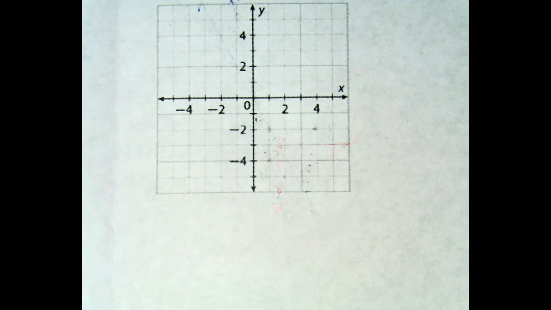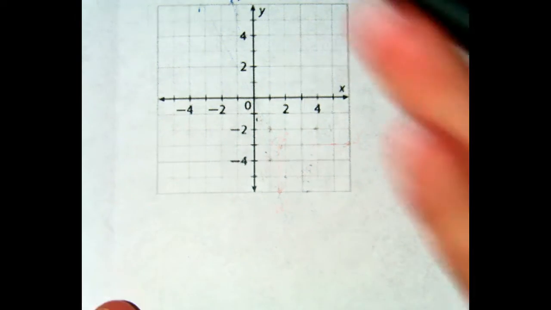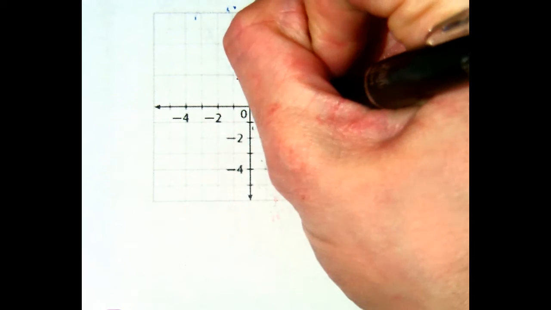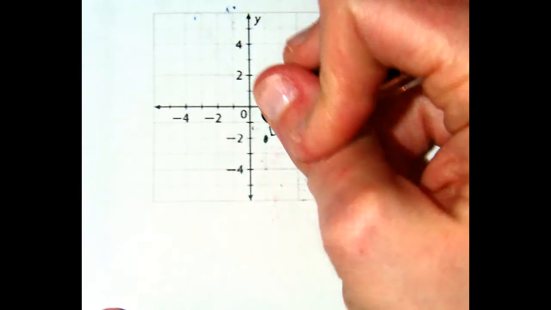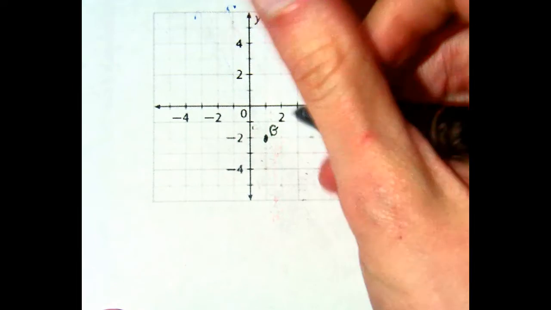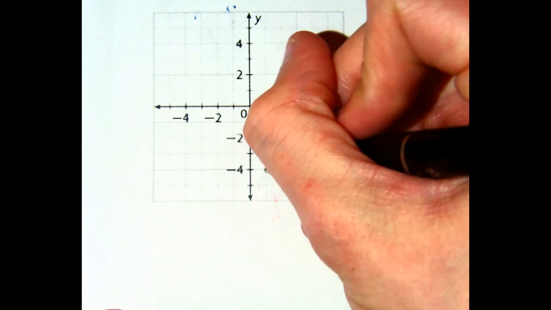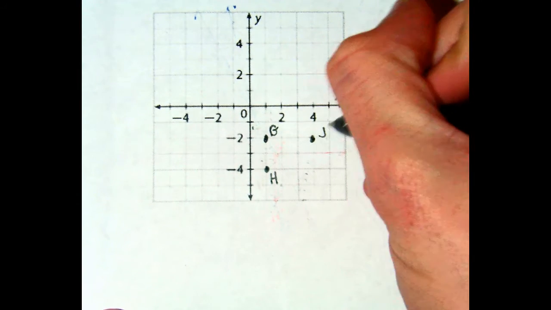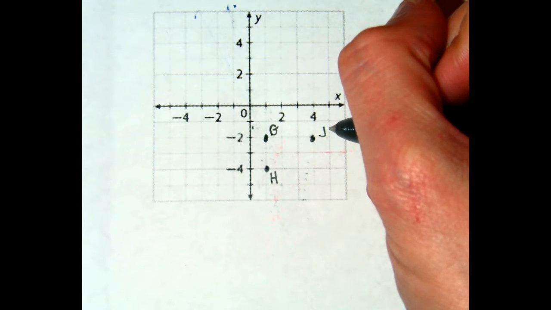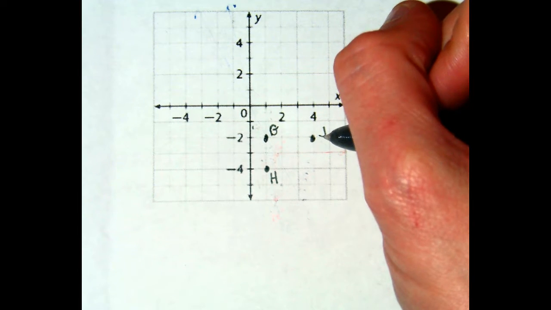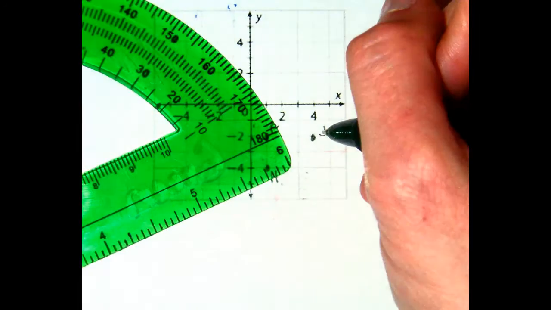So the pre-image, we have 1, negative 2, G. I was looking at the label of the other points. G. And then I have 1, negative 4 for H. 4, negative 2 for J. I'm going to connect these to make our triangle here.